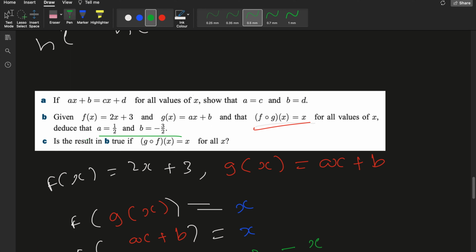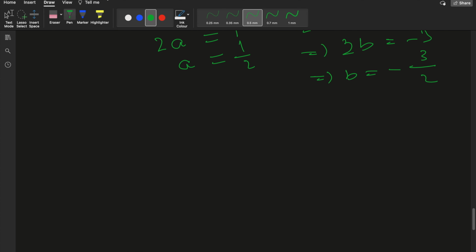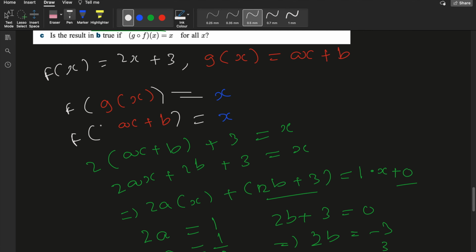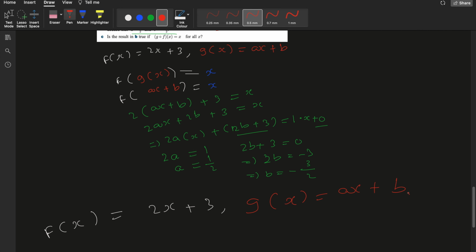And is the result in b true if g of f of x equals x? Okay, so what was g of f of x? f of x equals 2x plus 3, g of x equals ax plus b.